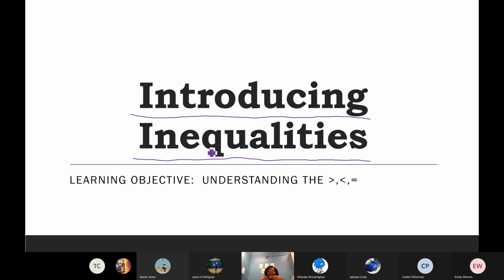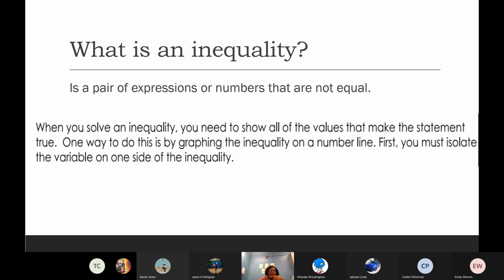I want us to break down this word inequalities. So let's look at what that word means. So in our notes, let's write down this question. What is an inequality? It's important for us to know if equality means equal, inequality must mean what then, y'all?